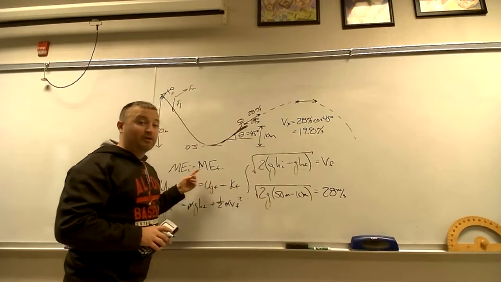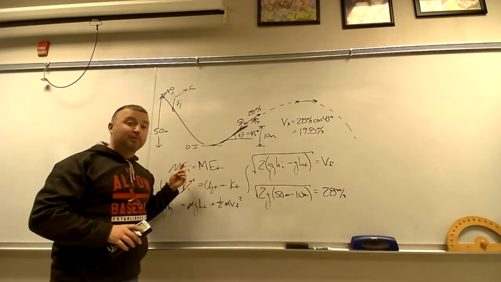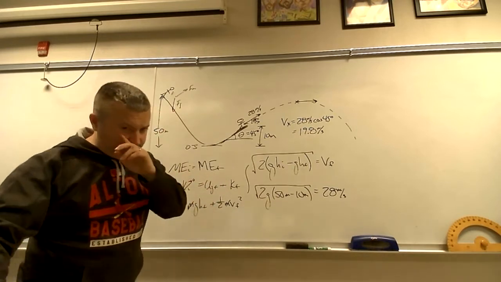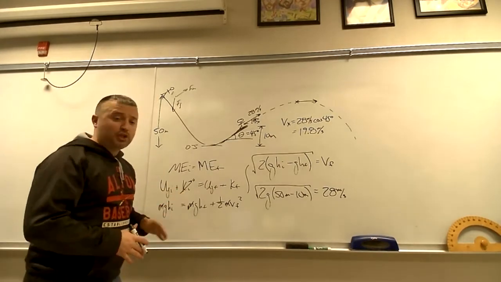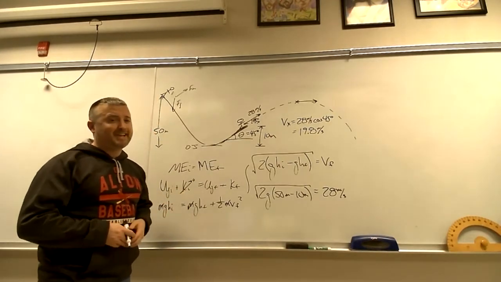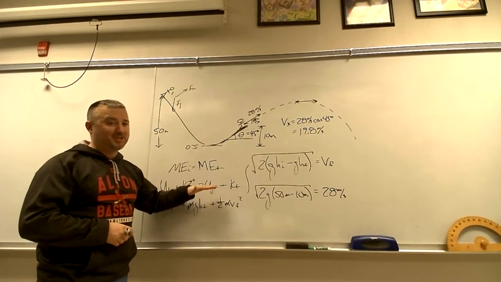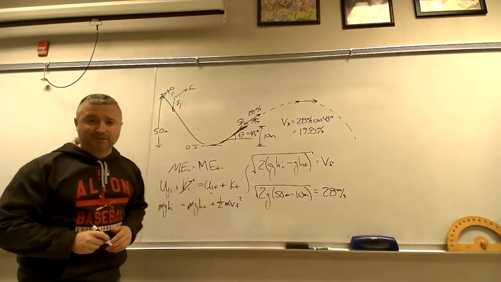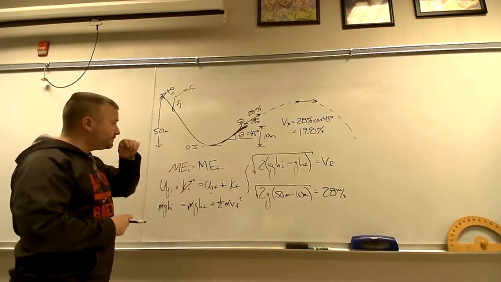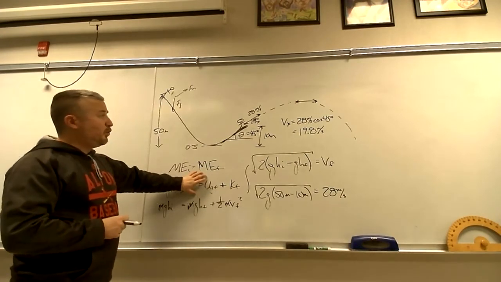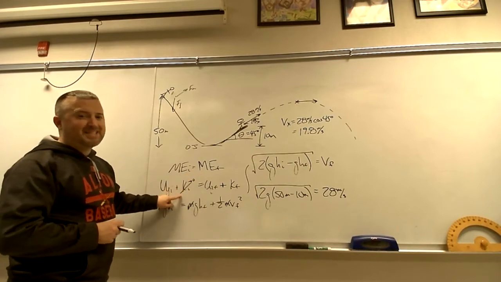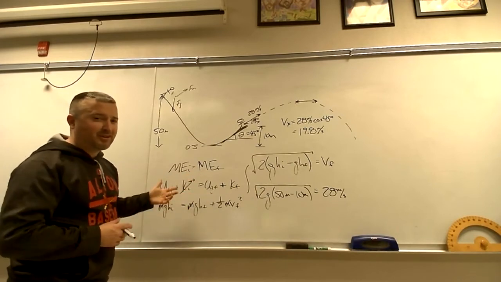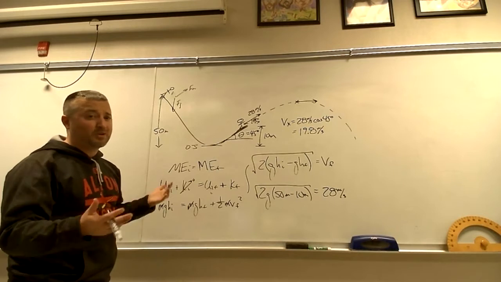So when we come back over here and use this equation for part B, we're just going to change where our final is. I don't know if you can see, that's definitely a plus. It kind of looks like a negative in the camera there. Now, what do I mean by that? Even though we say initial and final, conservation of energy is true across the board.